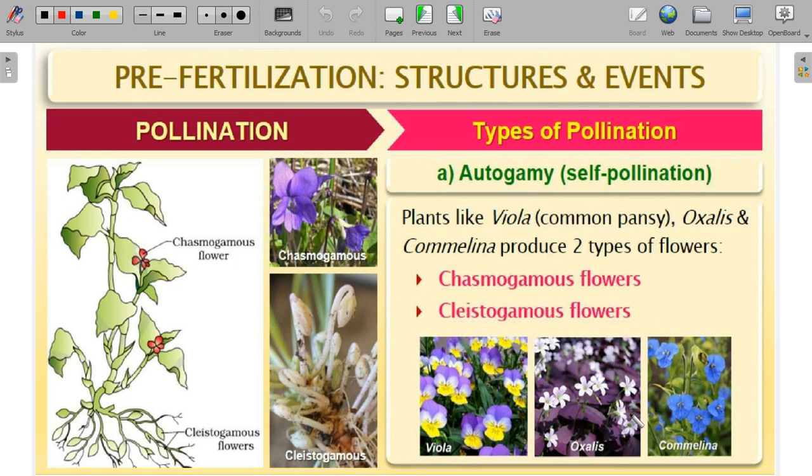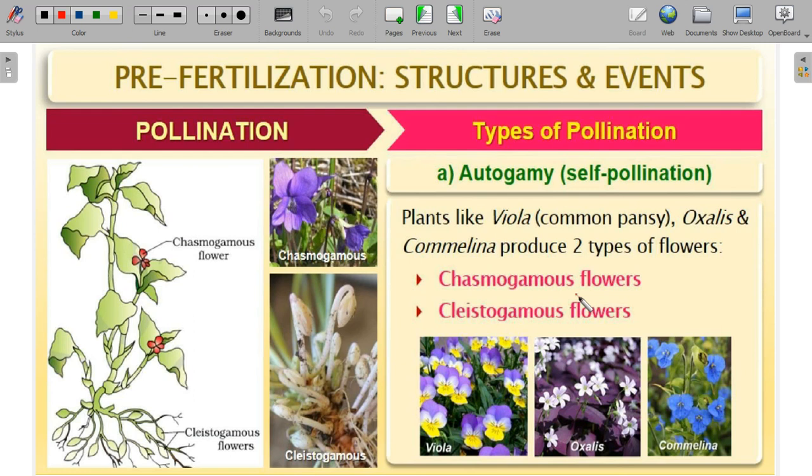But there are two types of flowers. For example, we have viola, oxalis and commelina. In these you can see two types of flowers: the chasmogamous flower and the cleistogamous flower. What is chasmo and what is cleisto?